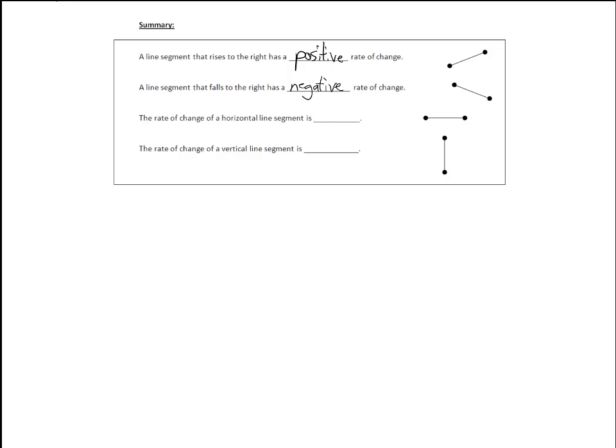And if the rate of change of a horizontal line is 0, if it's horizontal, the rate of change is 0. And if it's vertical, it's undefined. The rate of change is undefined.